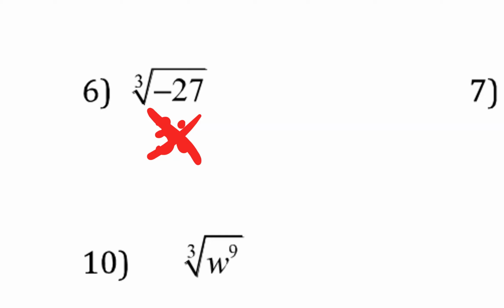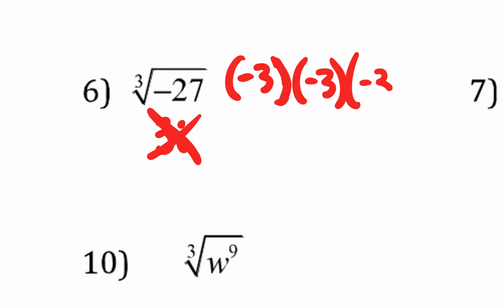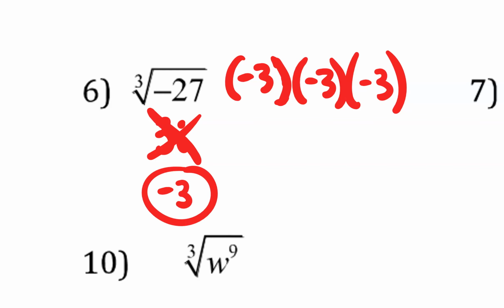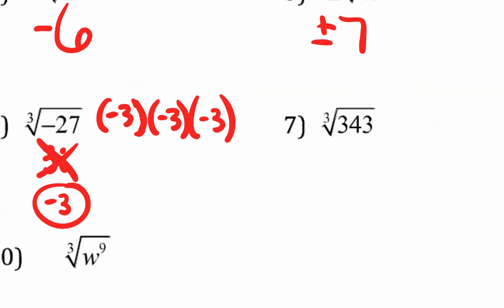You can find a number that multiplies by itself 3 times to give you negative 27, because negative 3 times negative 3 times negative 3 is negative 27. So negative 3 is the cube root of negative 27. Cube roots of negatives are possible. Square roots are not possible.